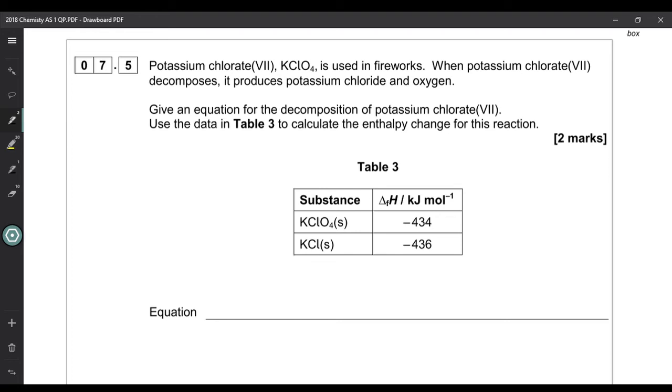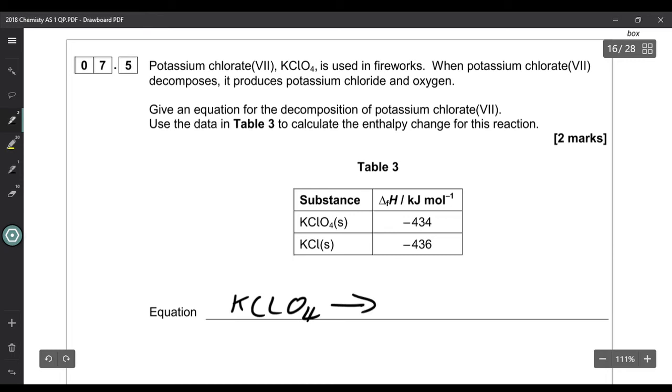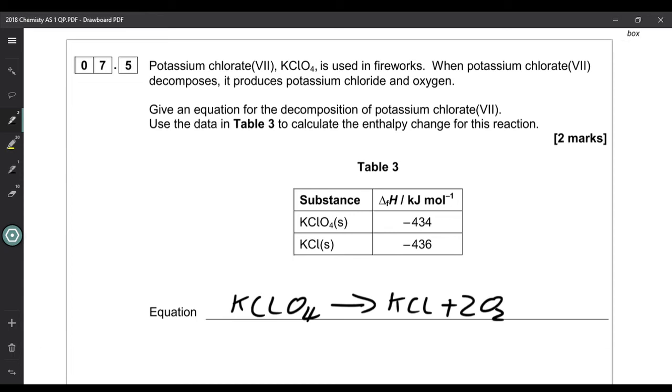So the equation is just going to be our starting reactant, which is KClO4. We've been told that that decomposes to potassium chloride, which is KCl, and oxygen. So the important thing here is just making sure that the equation's fully balanced.